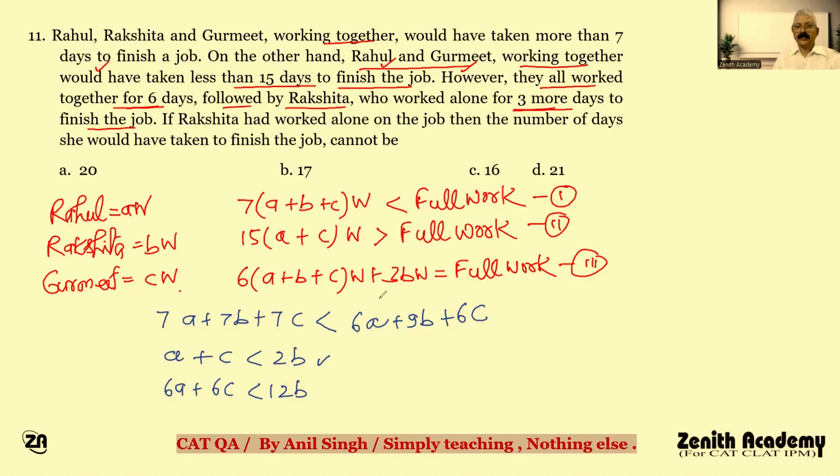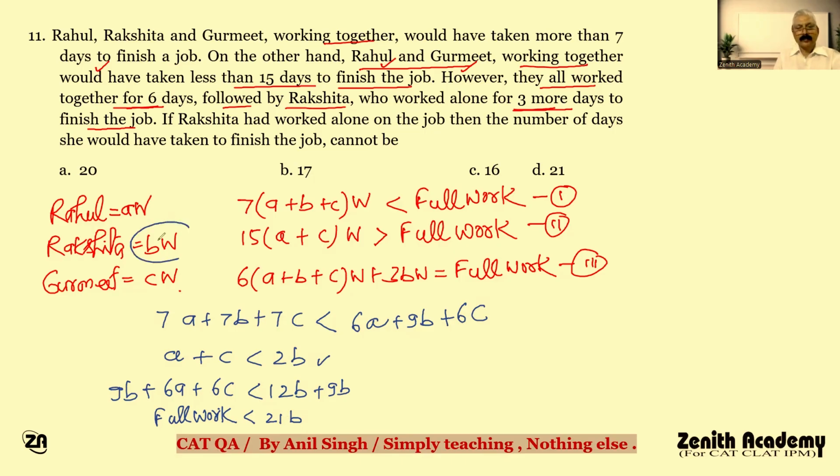So the whole work is 6A plus 9B plus 6C. If I add 9B to both sides, then this is the full work. The full work is less than 21-day work of B. B is what?